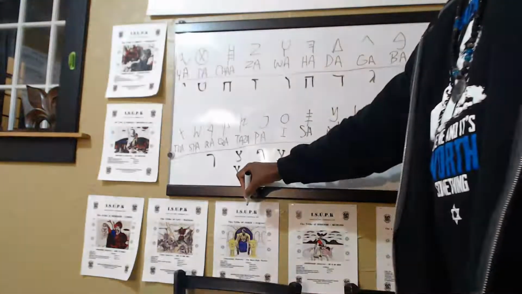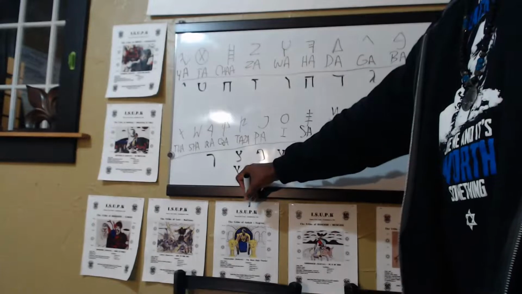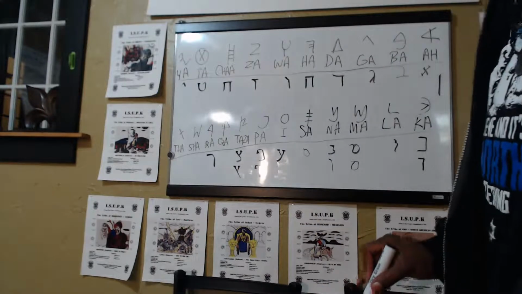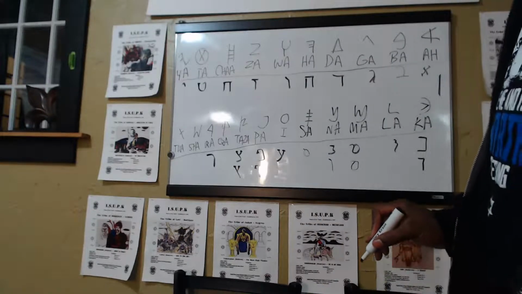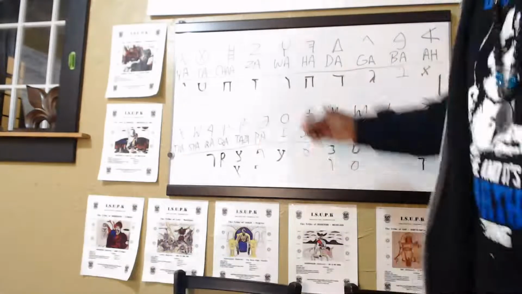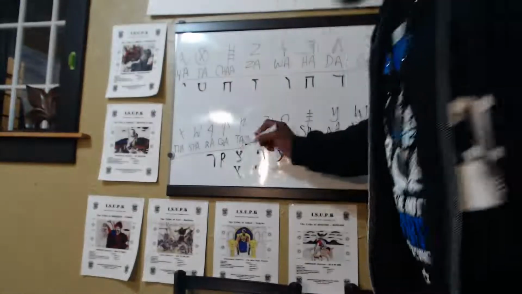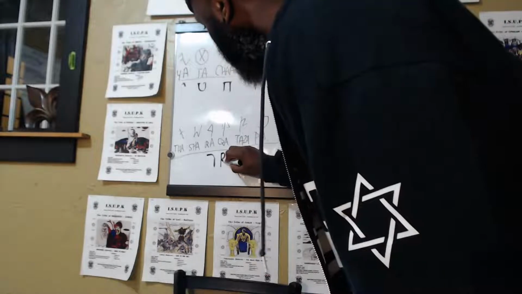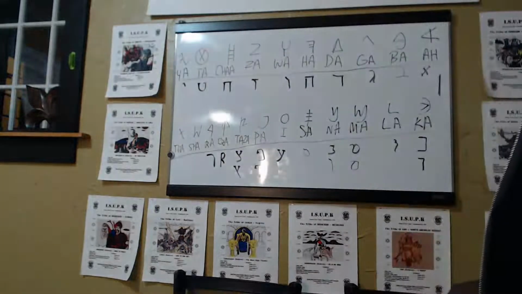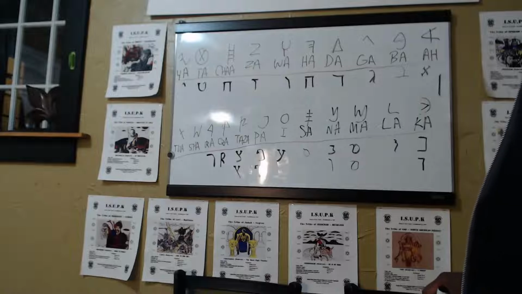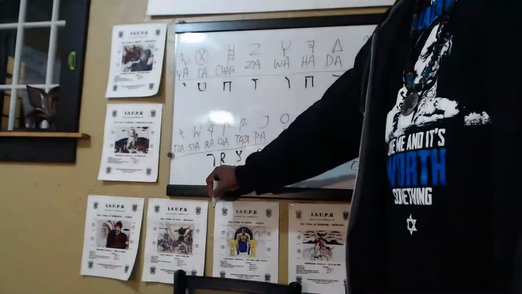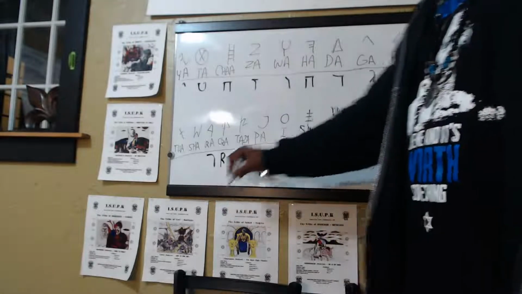Looks like that when it's at the end of a word. Then you got the qua. Qua looks like an R, that's where the tail doesn't come down all the way. Then you got the ra, which we previously spoke about, not to be confused with the da.